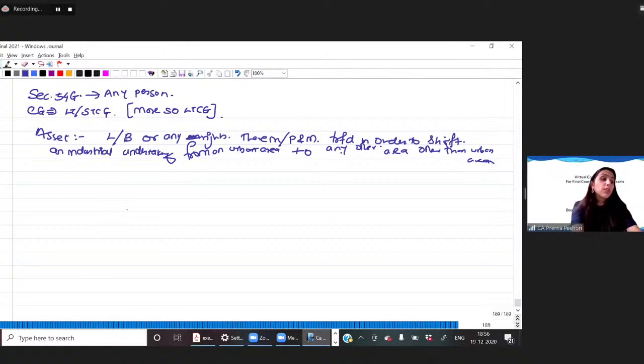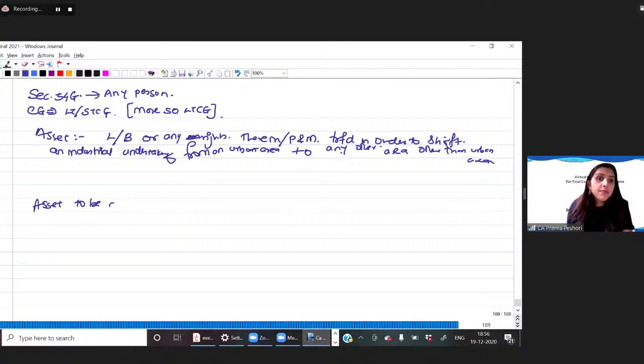54D was with respect to compulsorily acquired land or building forming part of an industrial undertaking. Here, what is the case? Land and building or plant and machinery transferred in order to shift an industrial undertaking from urban area to rural area. So here you are transferring the land because you are shifting your undertaking from an urban area to a rural area. So what is the condition here? What should be purchased?